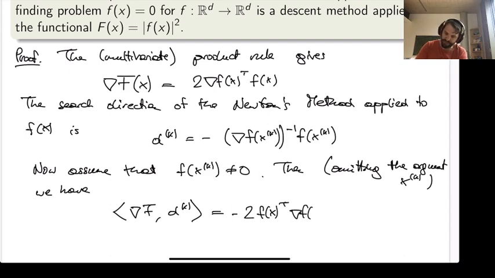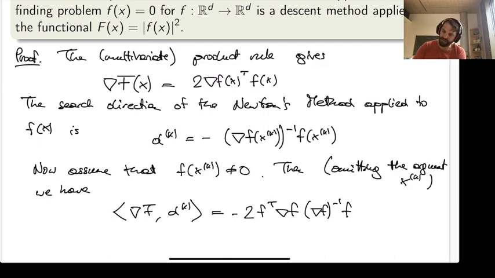Well, we're dropping all the arguments we said. So f transpose grad f, and then grad f inverse f. And that basically cancels here.